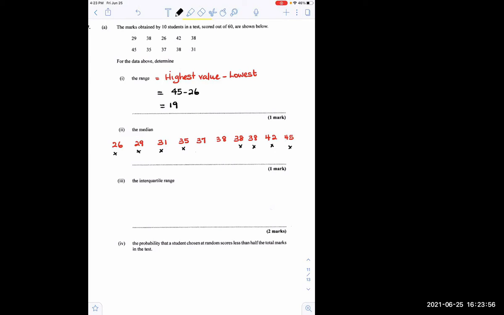So the median is the average of these two numbers. So the median is 37 plus 38 over 2, which is 37.5. Did you all get that? Yes, ma'am.